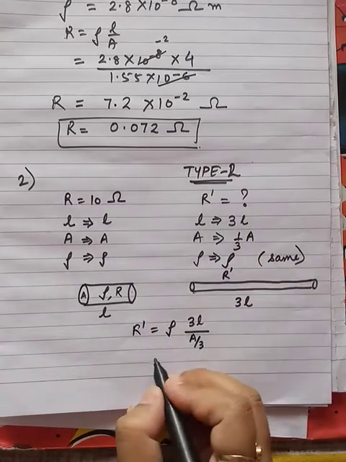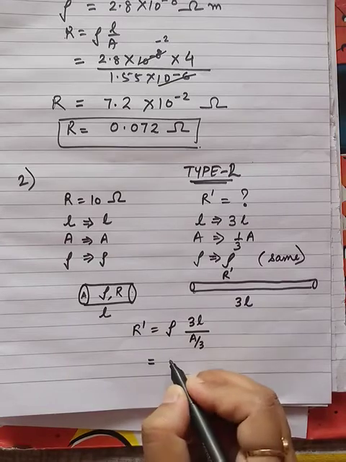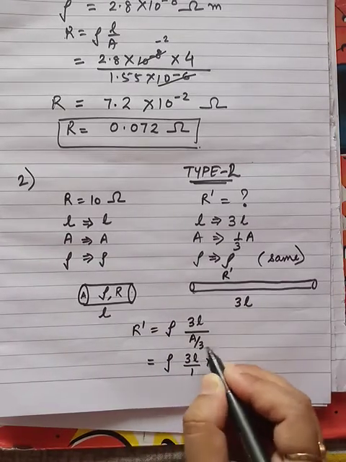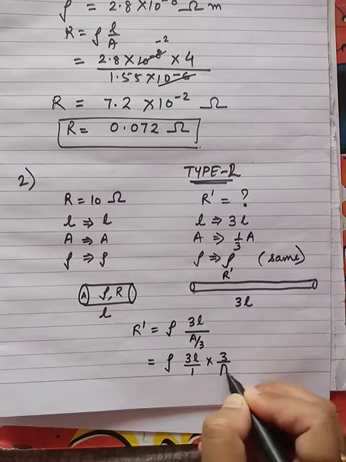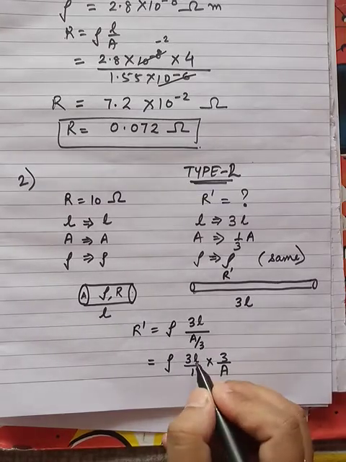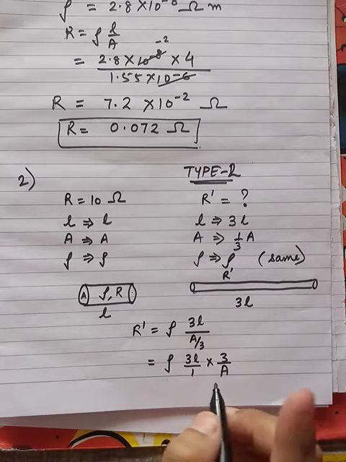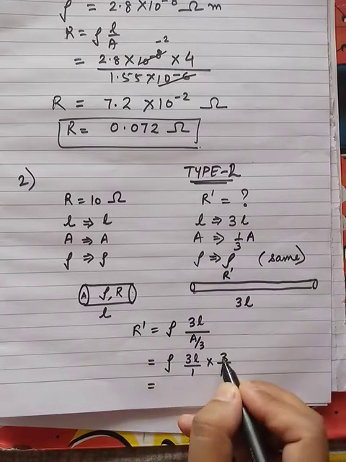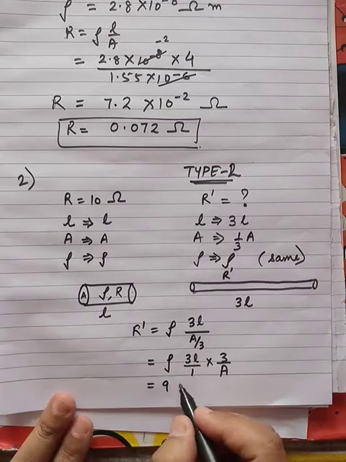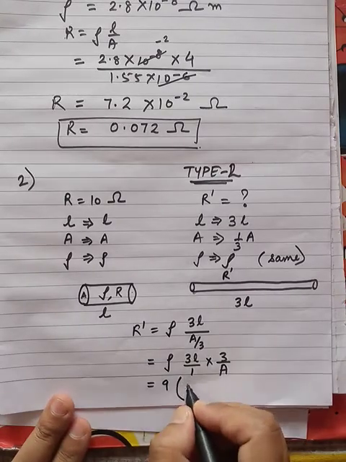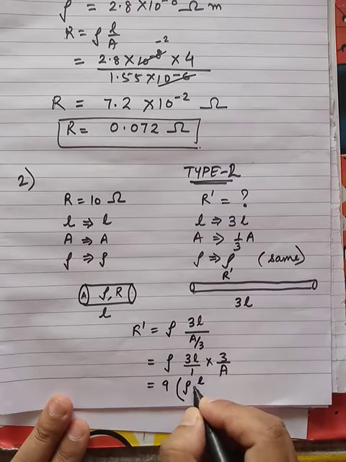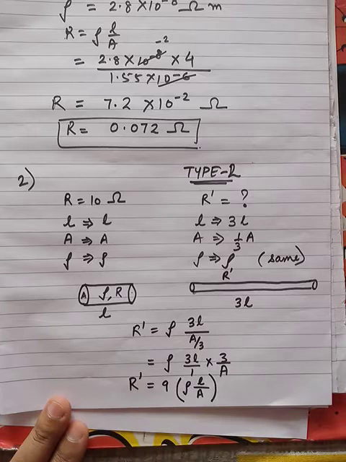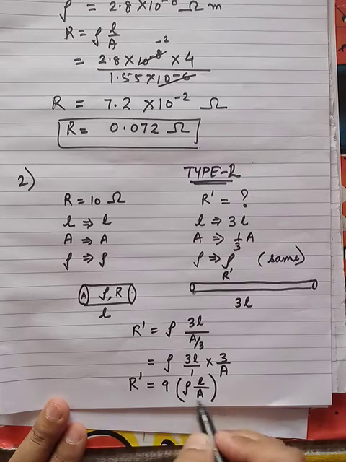To simplify, it is 3L upon 1 multiplied by the reciprocal, 3 upon A. L, A and rho are variables, so I will keep the constant values 3 multiplied by 3, that is 9, outside the bracket, and inside the bracket I will have the variable values. So R dash equals 9 times of this.